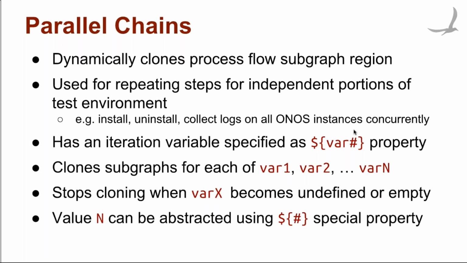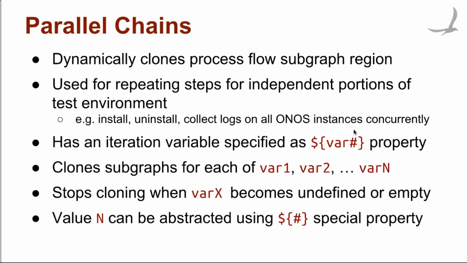The parallel stuff basically feeds off of an iteration variable. Let's say our cells are defined in terms of OC1, OC2, OC3, OC4, OC5, which hold the IP addresses of the different nodes, five nodes in a cluster.